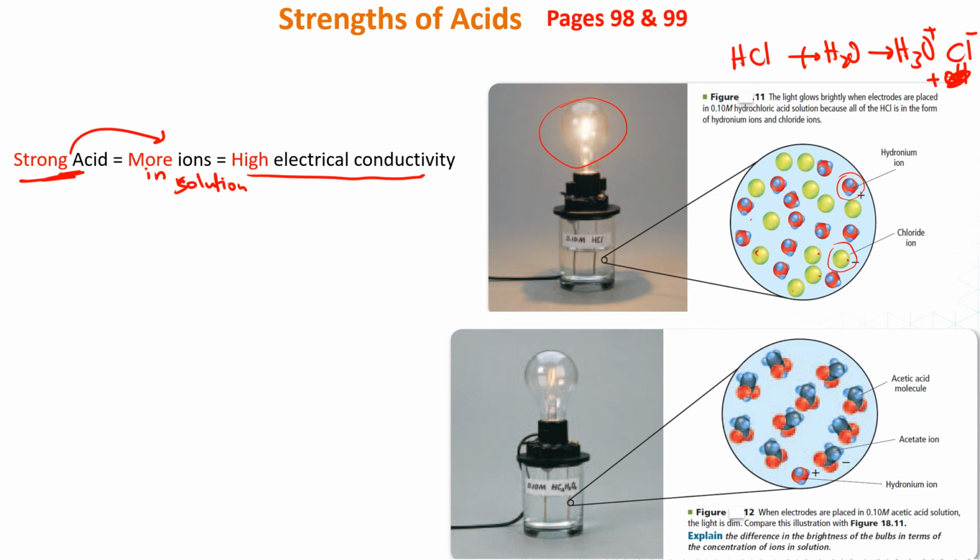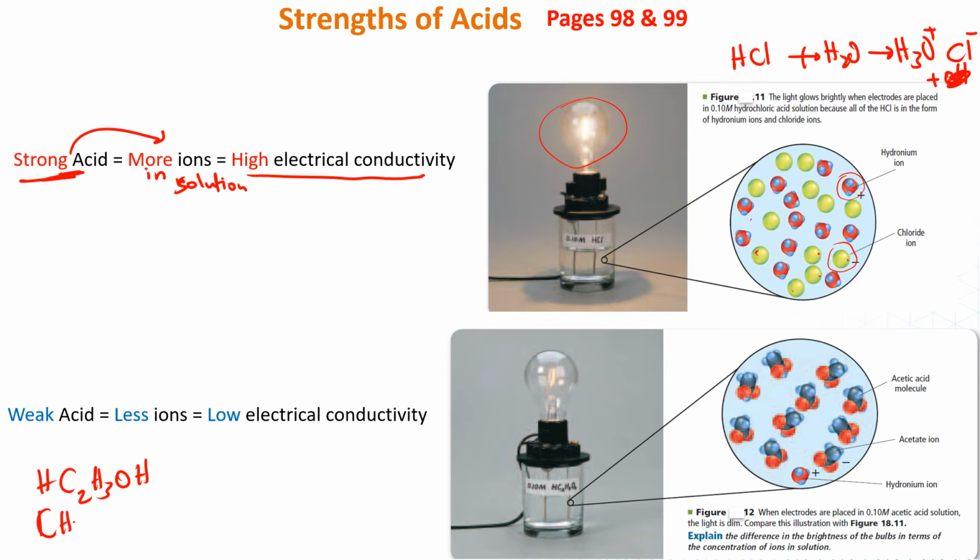But if we have a weak acid, for example, acetic acid, HC2H3O2, sometimes it is written CH3COOH. If we count the number of atoms, it's going to be the same. This one plus water is going to actually give me H3O plus and CH3COO minus.